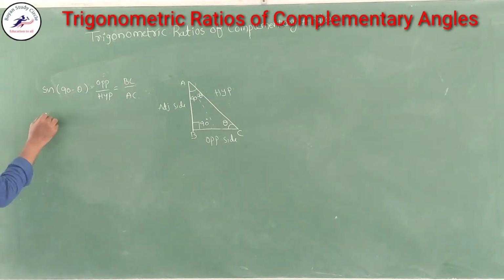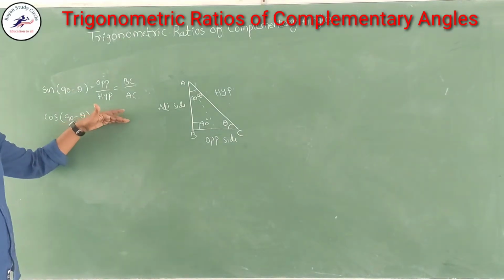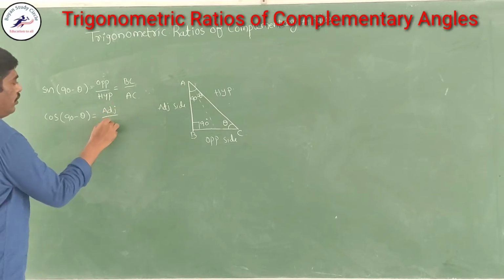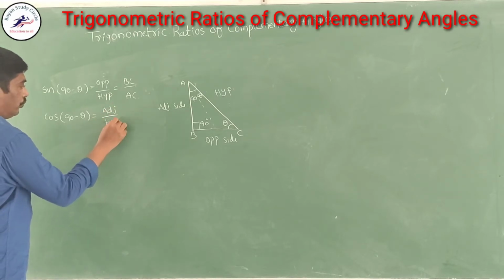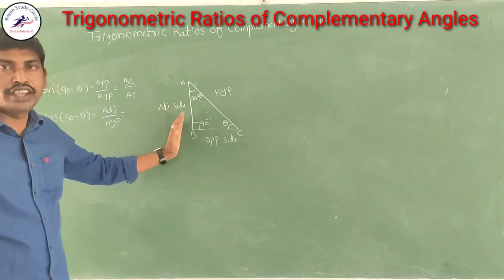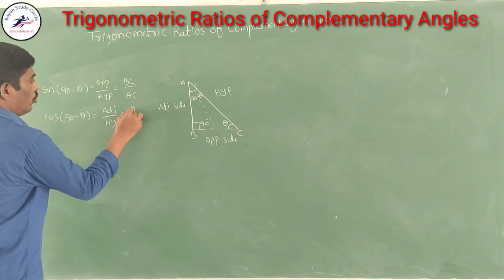So, next cos. Cos of 90 minus theta, what is the ratio? That is adjacent side by hypotenuse side. What is the adjacent side? AB is the adjacent side.